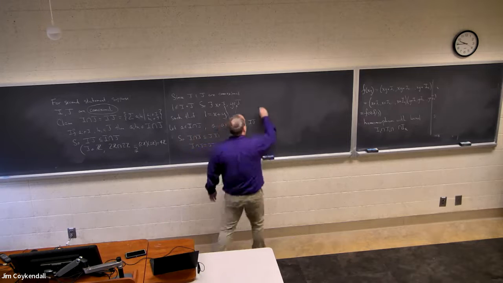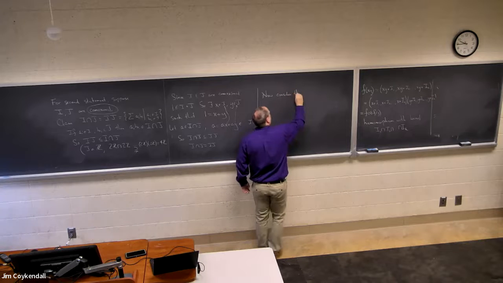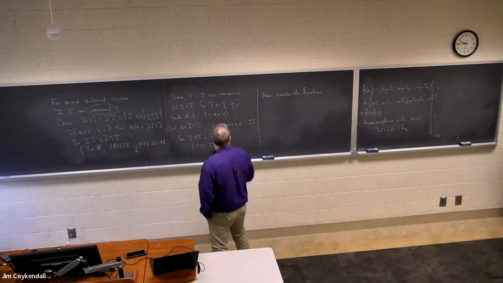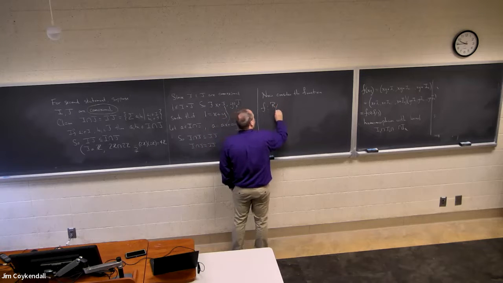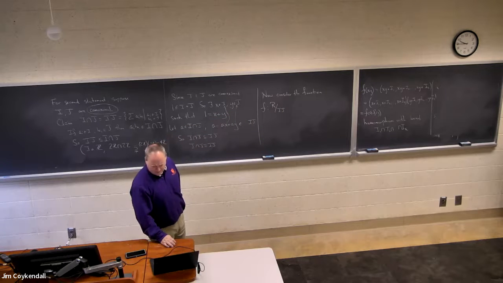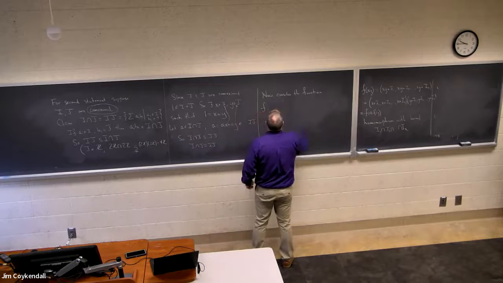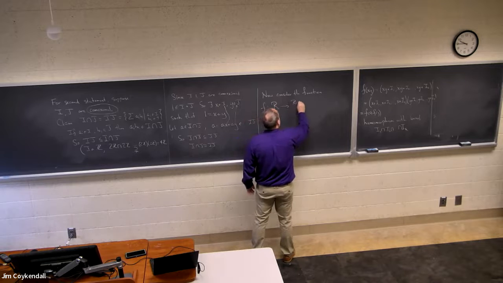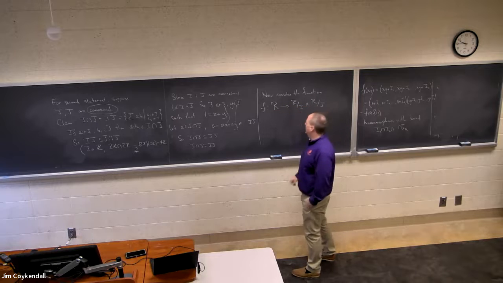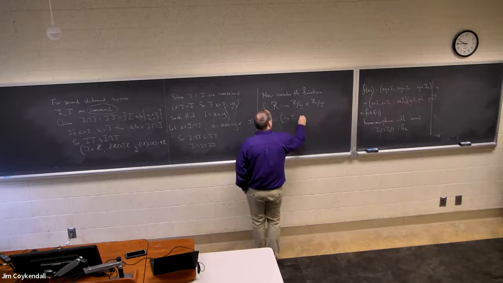Now we consider the function F. Now consider this function here where F of R is the pair R plus I, R plus J.